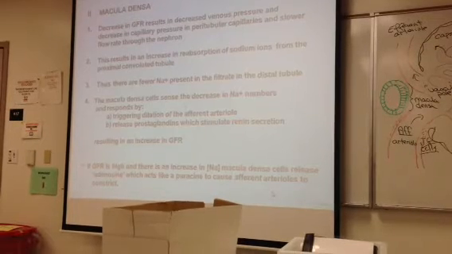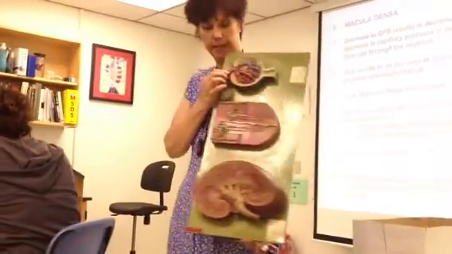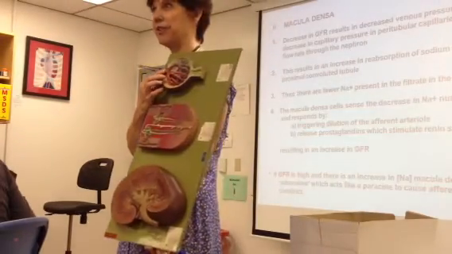So when we look at some of our models of the kidney, we have two different forms of this particular model. Here is our afferent arteriole, and this is representing the granular cells in the wall of the afferent arteriole.